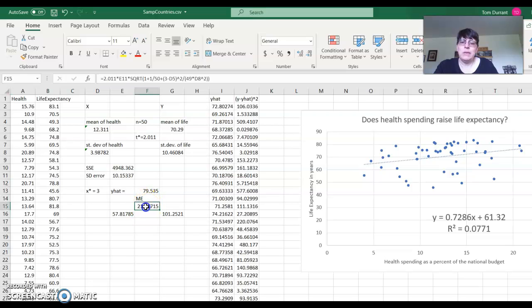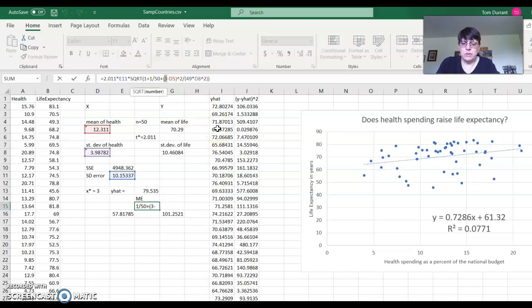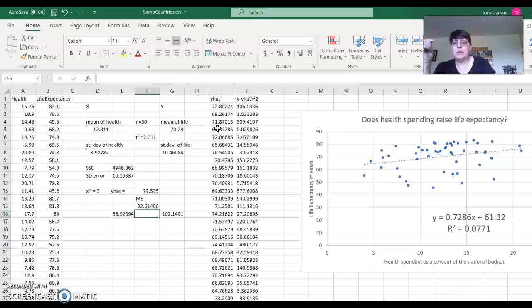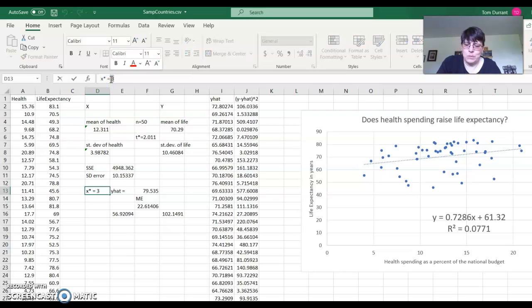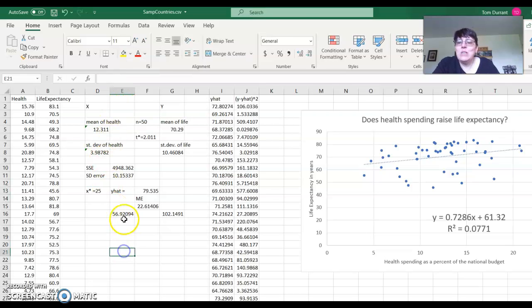Now the margin of error needs to have this 3 replaced with 25, because that was the only thing that had to be changed in the formula. Everything else was already there. So here's the new margin of error.